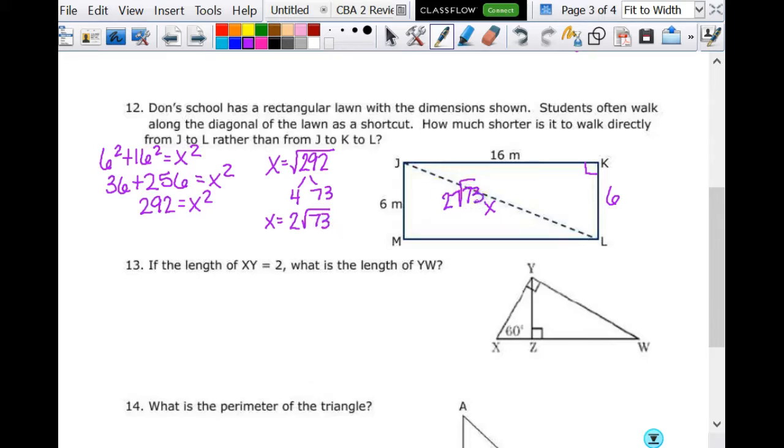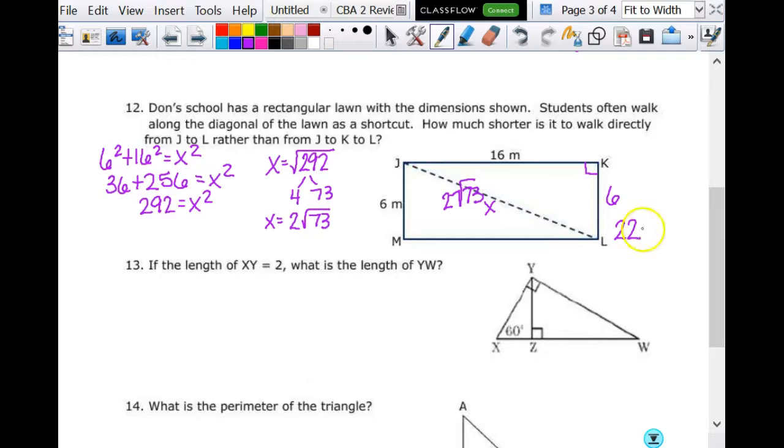So it's shorter to walk that length, but it says how much shorter. So I need to take this total distance here and subtract that. So 16 and 6 is 22. So that would be 22 meters.